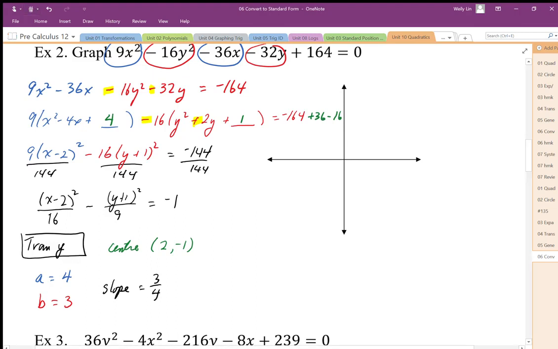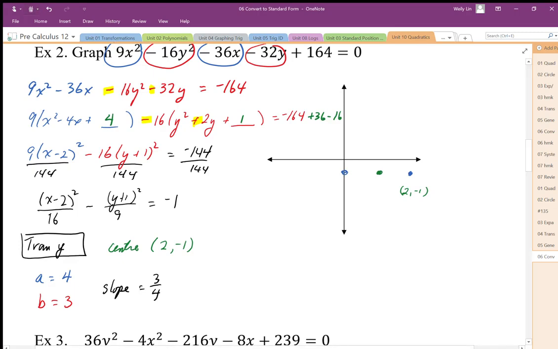Our center is at 2 over 1 down. There's my center. Okay, so 2, negative 1 is my center. I'm going to use my A to figure out my horizontal. Okay, so it's going to be here, and I should move that over a little bit. Okay, so my other point is going to be at that point here. That's going to be 4, negative 1, 0, negative 1.